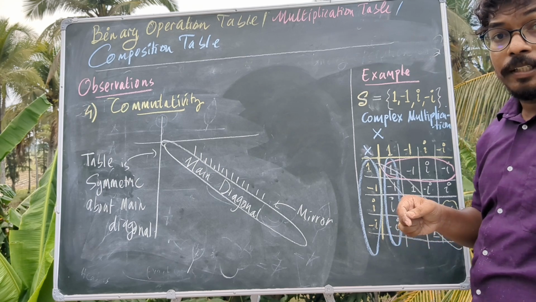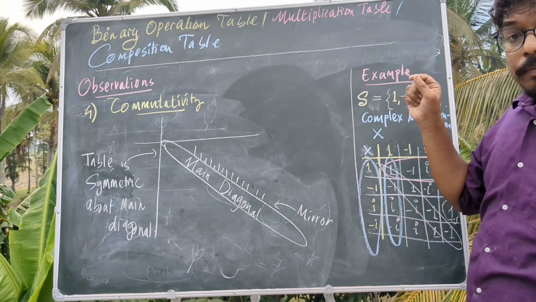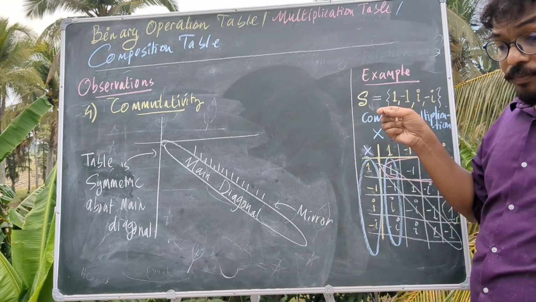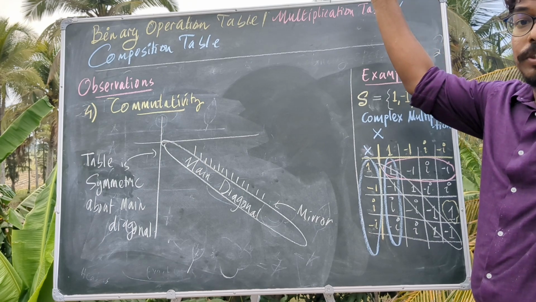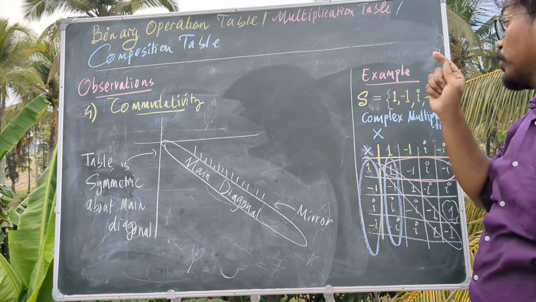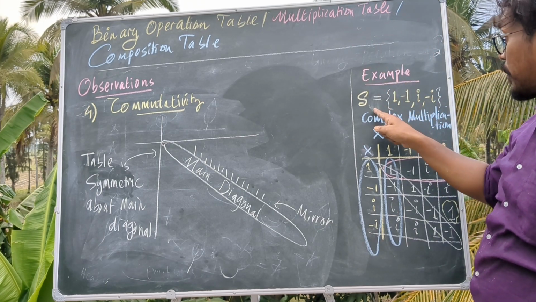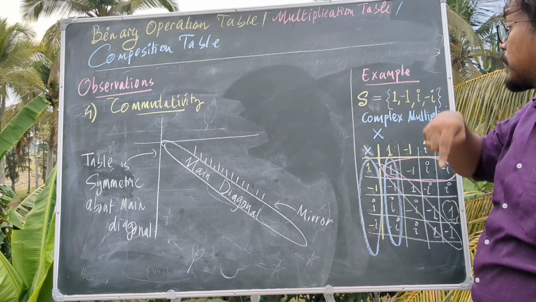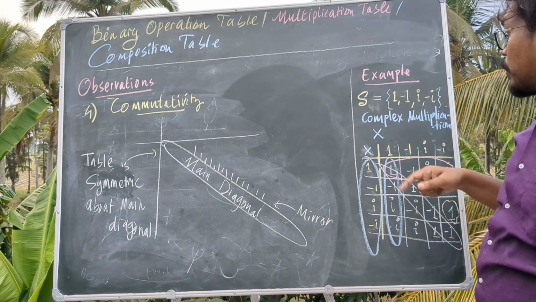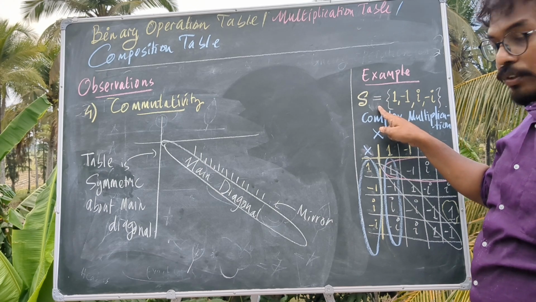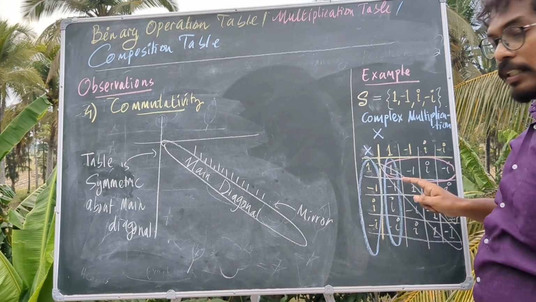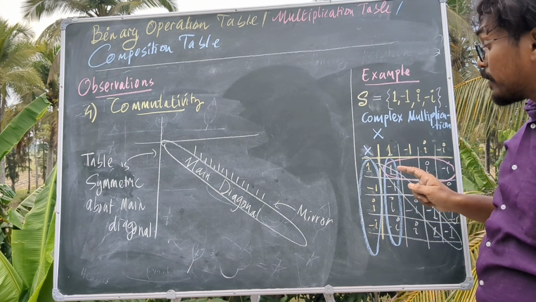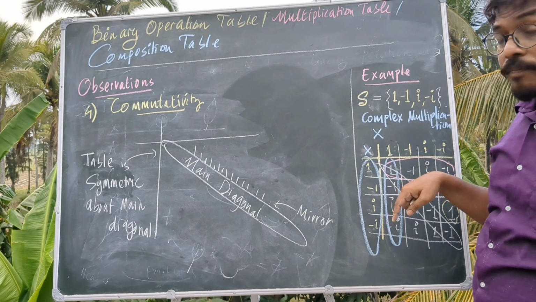As I have already said, associativity is a rule: if that rule holds for a bigger set, then it also holds for a smaller set. S is a subset of the whole complex set, so associativity will hold. We have identity, we have inverses, and this is moreover commutative.